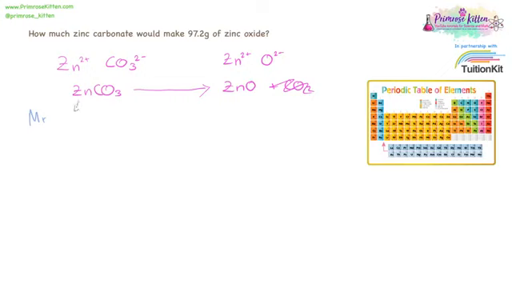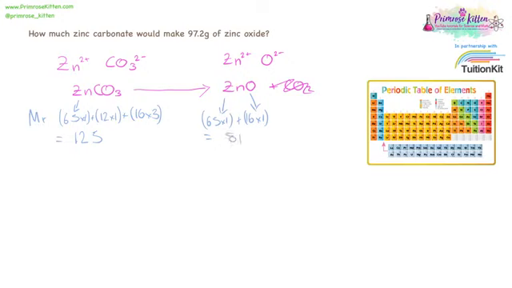So zinc is 65, and there is one of them, plus carbon, which is 12, and there's one of them, plus oxygen, which is 16, and there are 3 of them, giving us a total Mr of 125. Zinc again is 65, and there's one of them, plus oxygen, which is 16, and there is one of them, giving us a total Mr of 81.